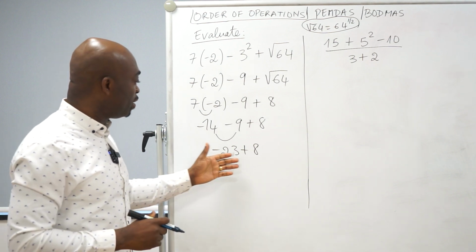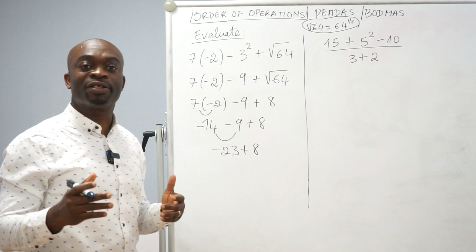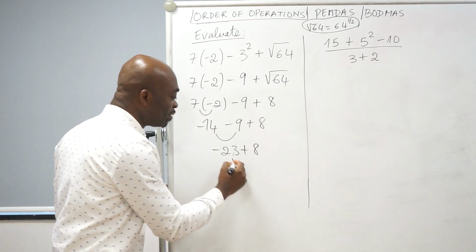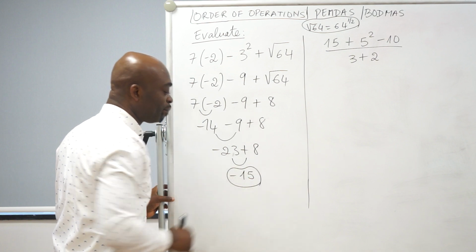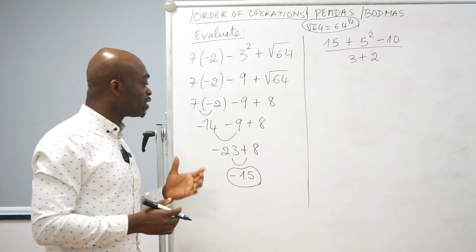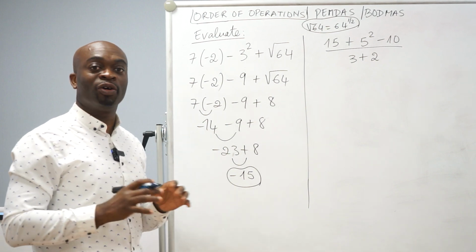And then -23 and +8. One is negative, the other is positive. You subtract and you keep the sign of the highest number. So that will give you what? -15. And you're good, okay? So this is how you evaluate, and that's how everything works out. And then you're good to go on this one.